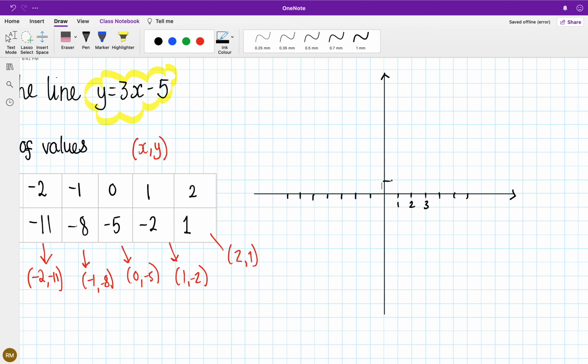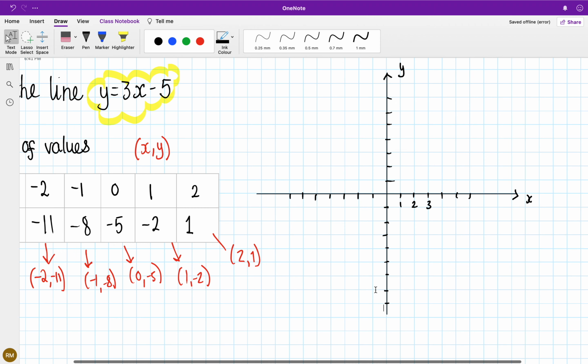And similarly in the y-axis. Each little square is going to represent an increase of 1. Once you have set up your graph, it's now ready to be plotted.